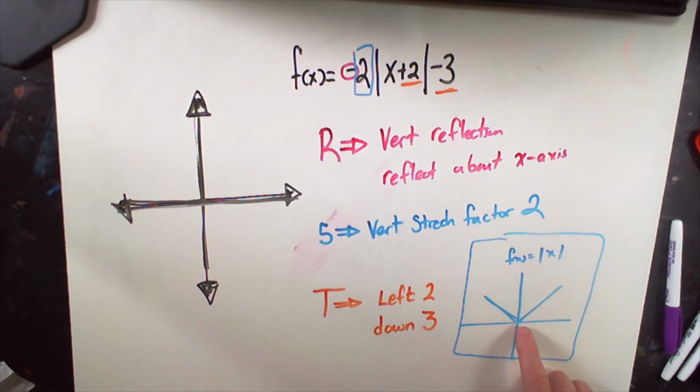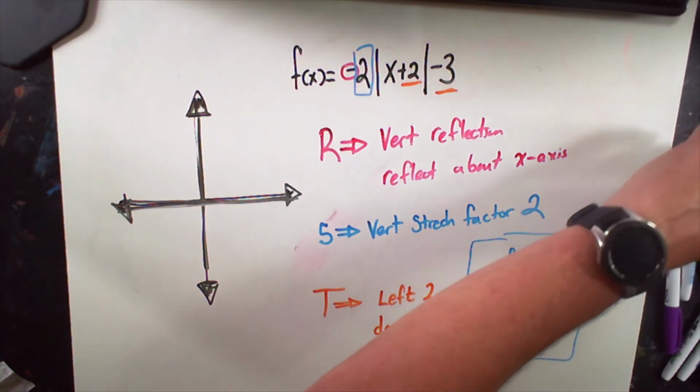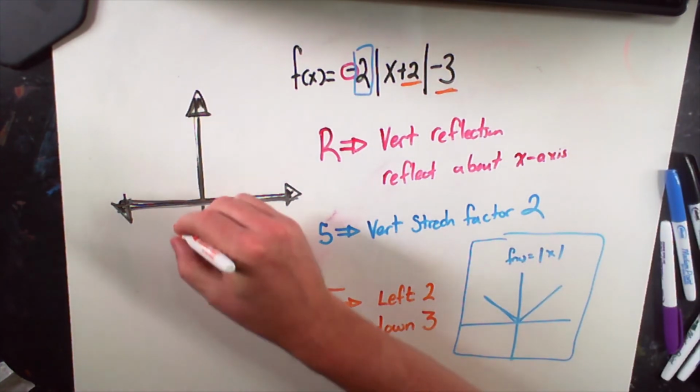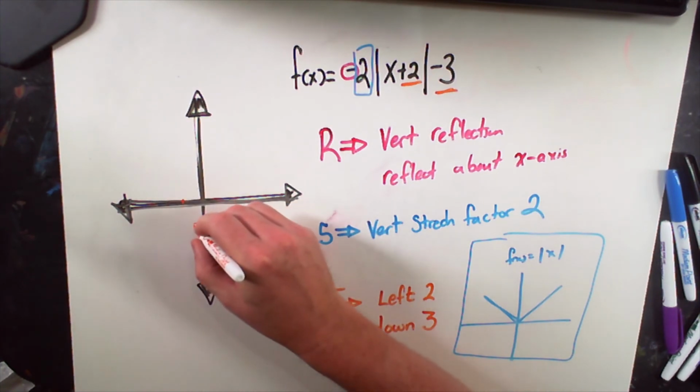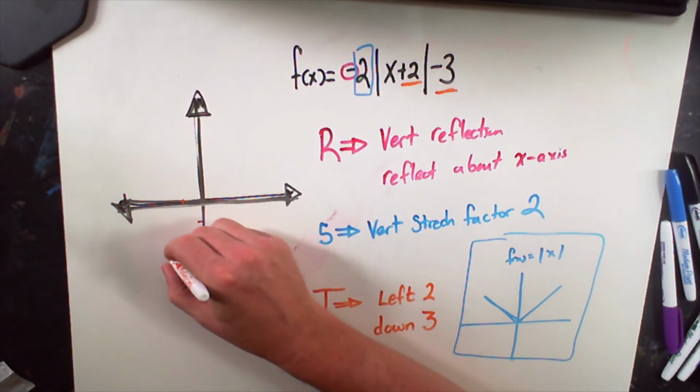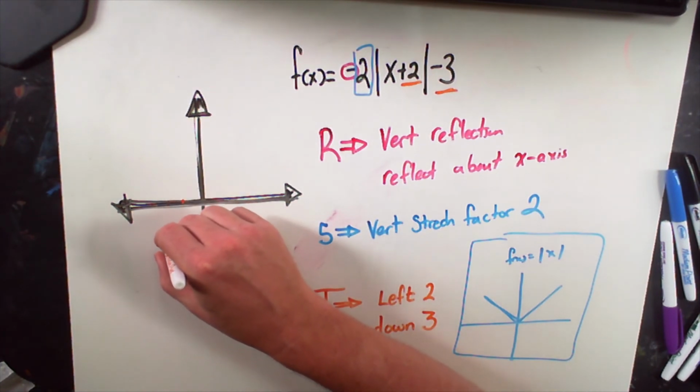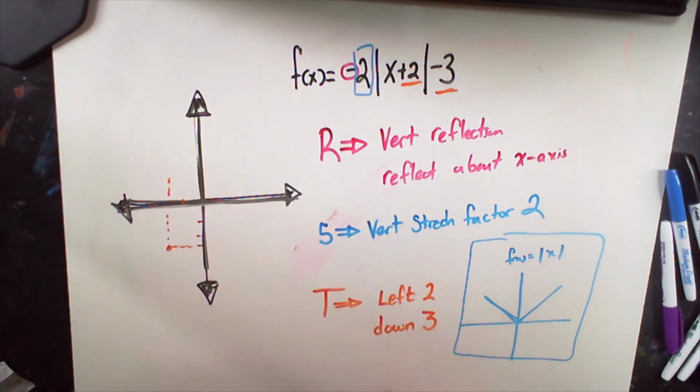Where does this V actually happen? This left 2, down 3 idea tells us where this point on our new function is going to occur. So if I go left 2, down 3, there is the point that my function is going to be centered around.